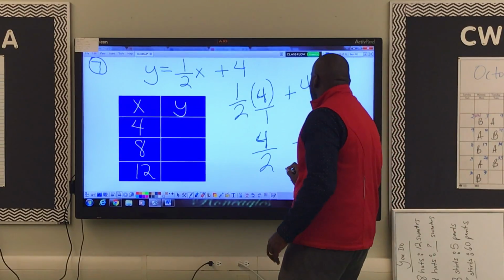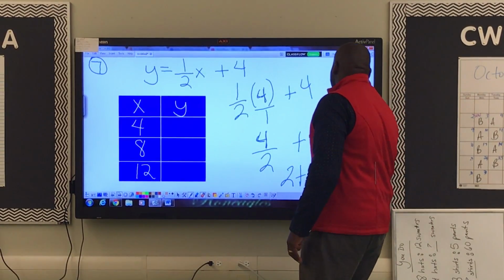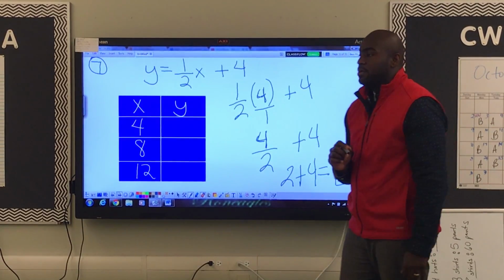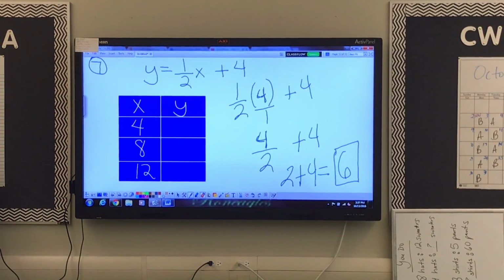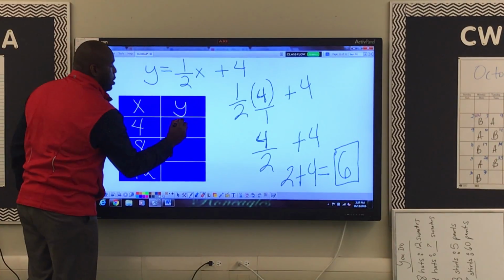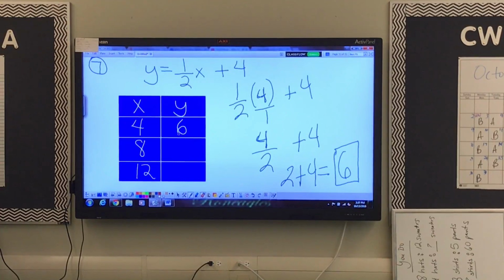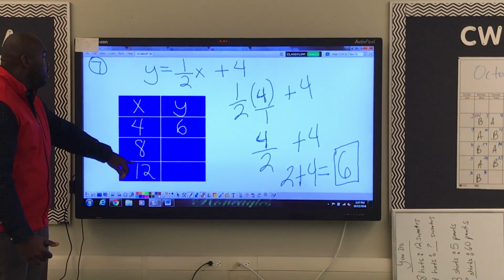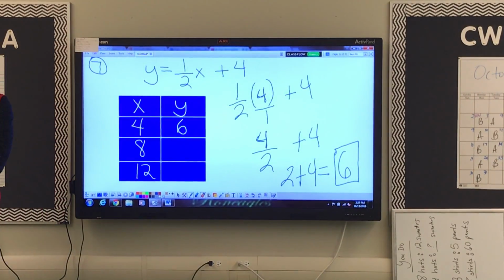So 2 plus 4 equals 6. And 6 is our answer. So when x is 4, y is 6. You're going to do the same process for 8 and 12 to determine what y is when x is 8 and when x is 12.